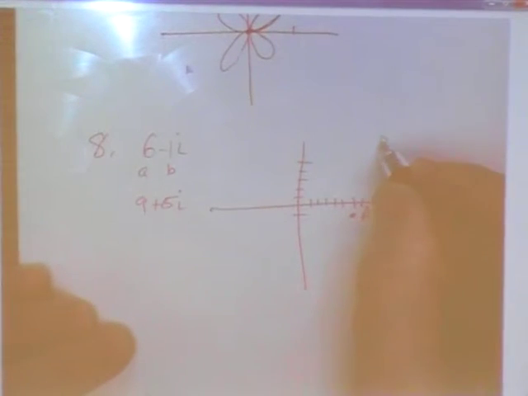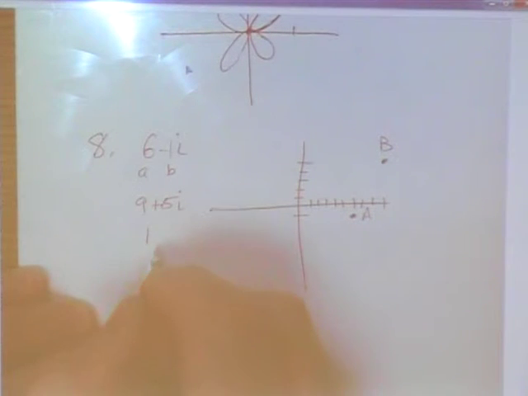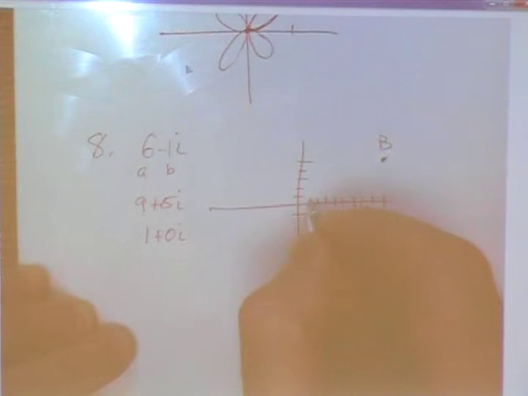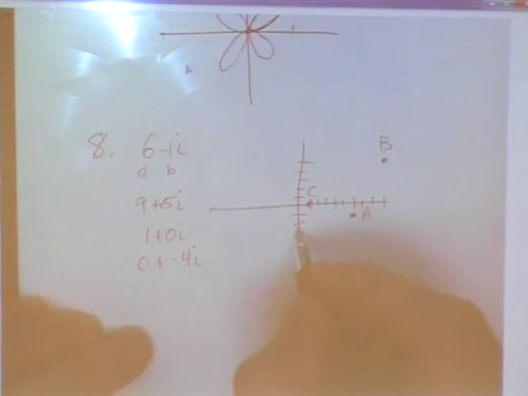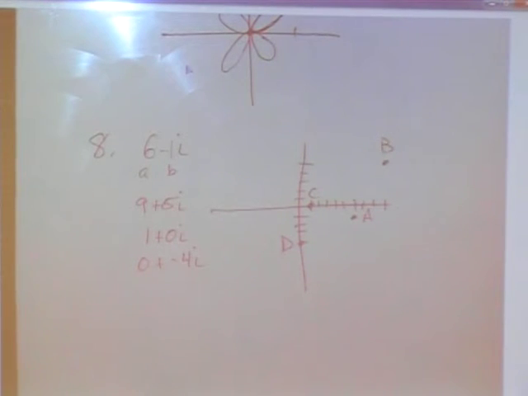There's B. C is at 1 plus 0i. 1, 0 is C. And 0 plus -4i. 0, -4. That's D. If you missed any, it was usually just one coordinate.